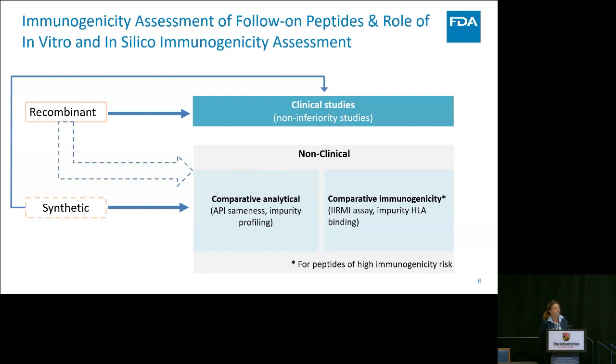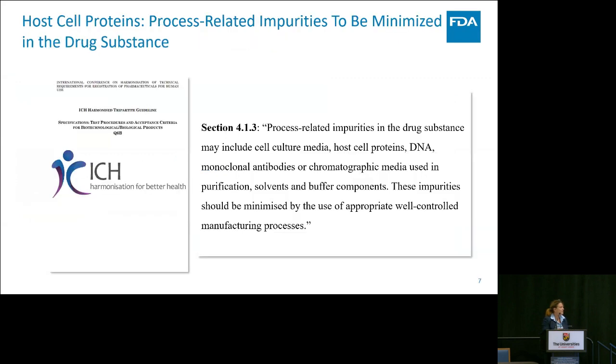The question we are posing today is, can advances in in vitro, in silico, and analytical methods support the use of, or reliance on, non-clinical data, as has been done for synthetic follow-on products?